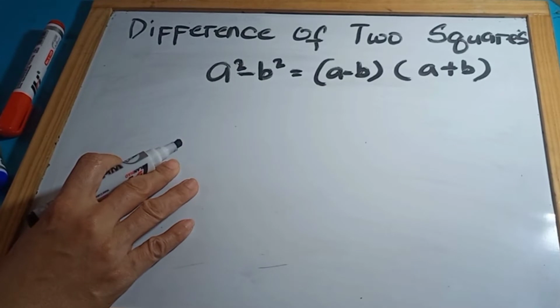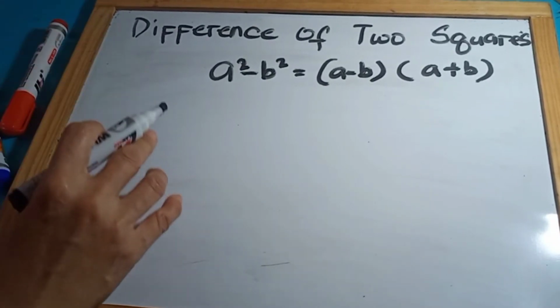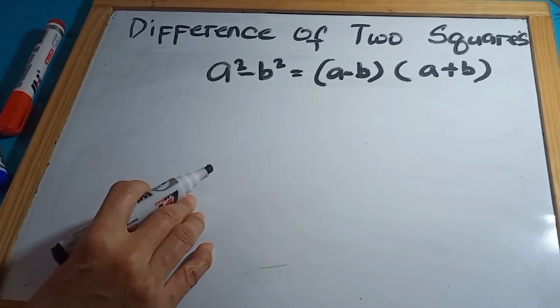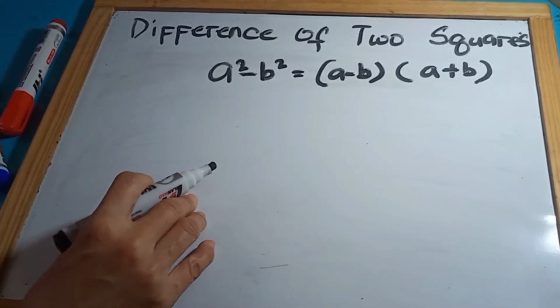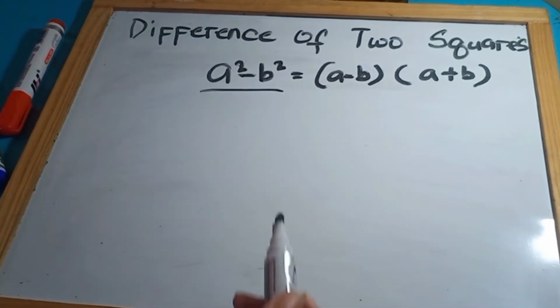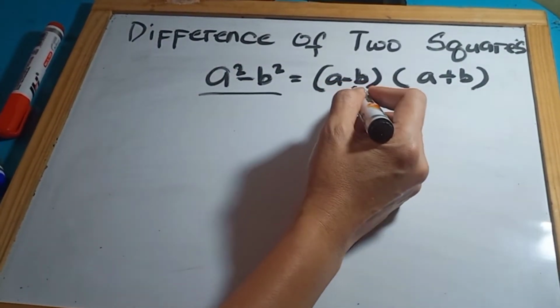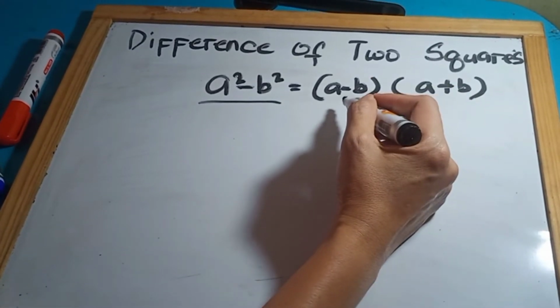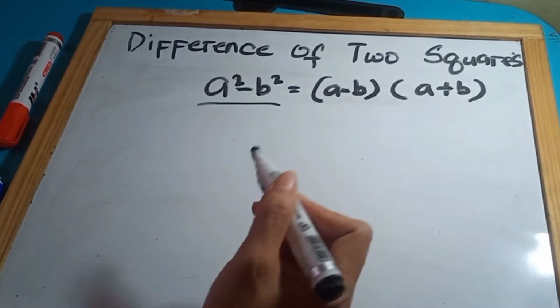So, sabi dito that the difference of two squares is equal to the product of the sum and difference of two numbers.